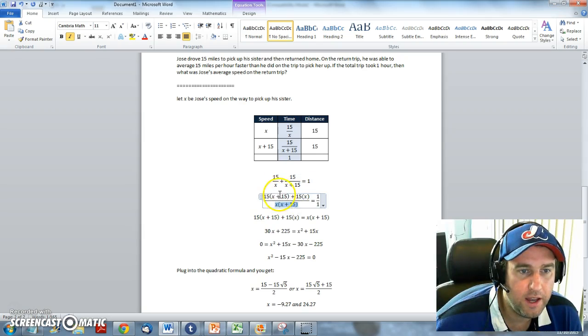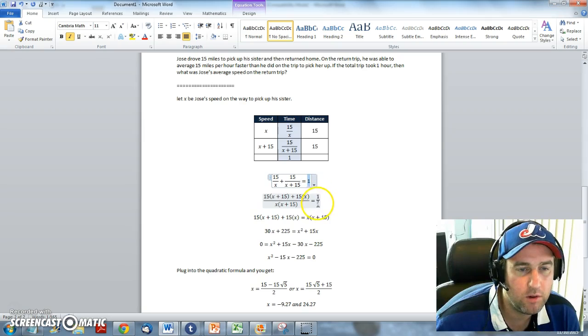In order to do that, I have to multiply this 15 by x plus 15. Conversely, this x plus 15 is missing x, so I have to multiply this 15 by x. And then I could just cross multiply at this point because 1 is the same thing as 1 over 1. So that just leaves us with this equation here.